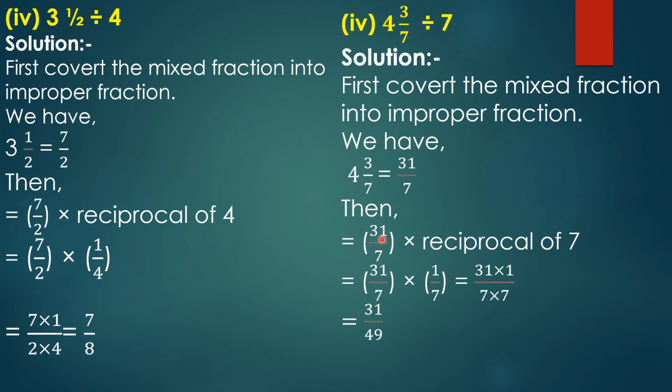Now 31 by 7 into the reciprocal of 7. What is the reciprocal of 7? It is 1 by 7. Therefore 31 by 7 into 1 by 7 equals 31 divided by 7 into 7, equals 31 by 49, which is the answer for the given question.